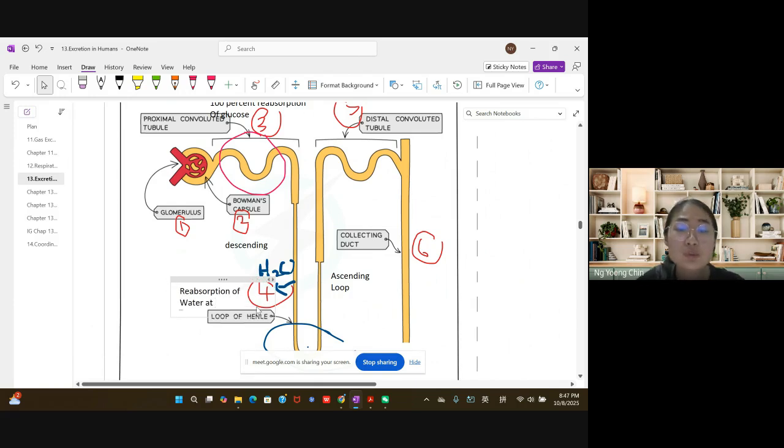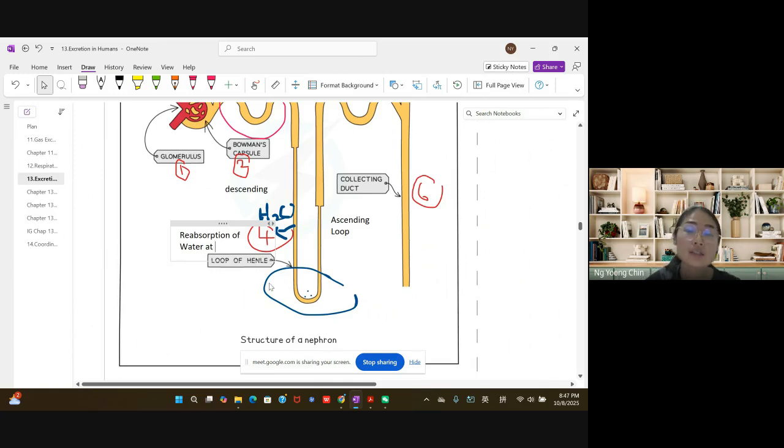So if too much water is being reabsorbed away, it will cause the contents inside this nephron tubule to become lesser in water, right? So the water will be lesser, so it will increase the proportions of the salts and the urea, okay?